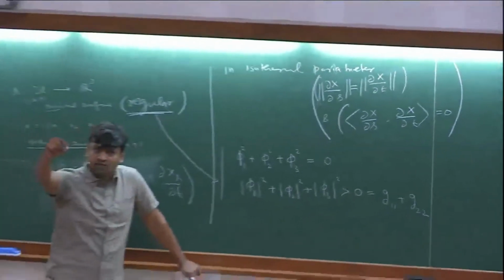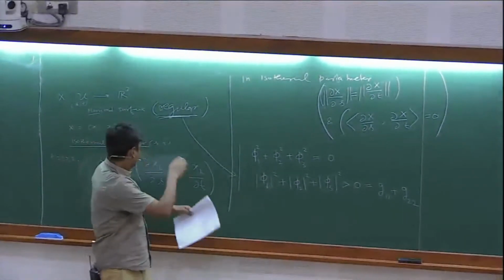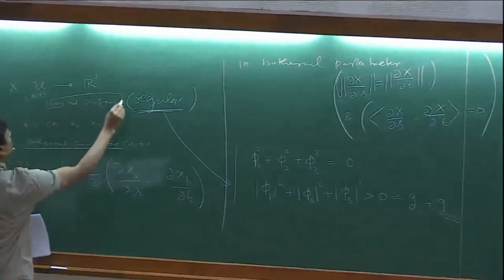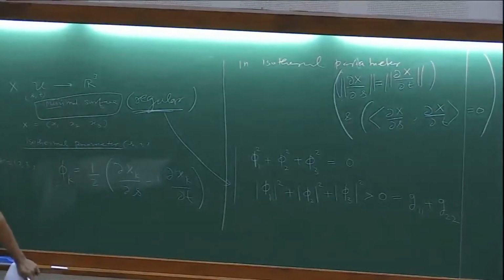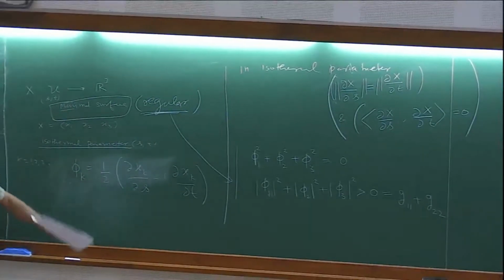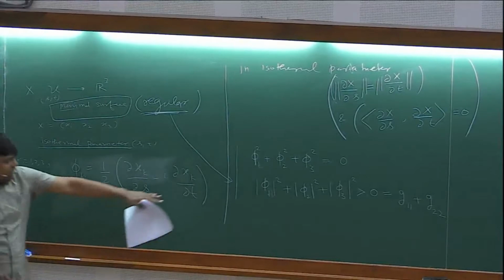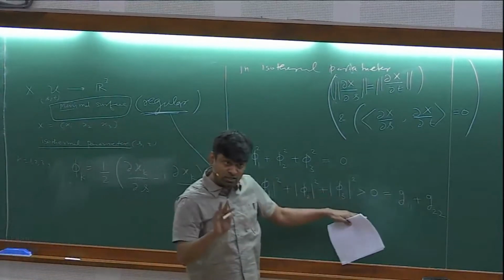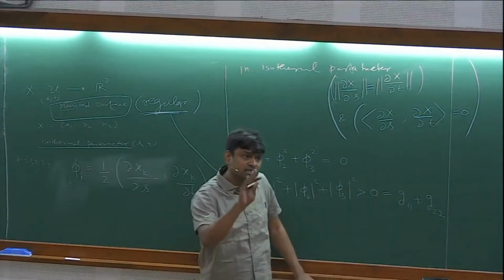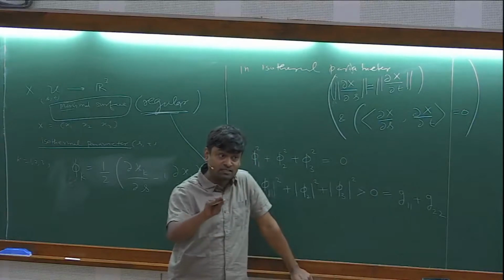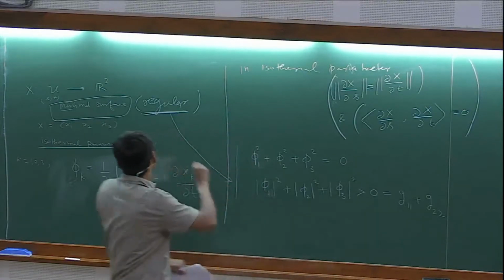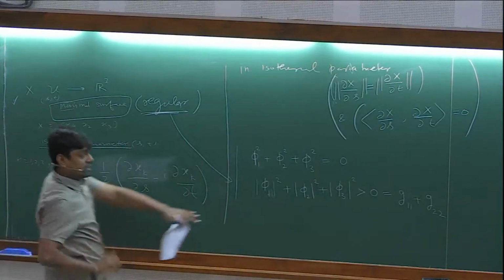Not just for minimal surfaces: you start from a map X, write down phi 1, phi 2, phi 3, and calculate this in isothermal parameter. This is greater than 0 if and only if the map X is regular.